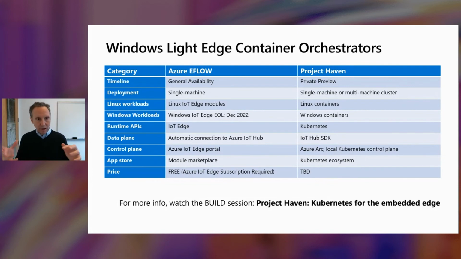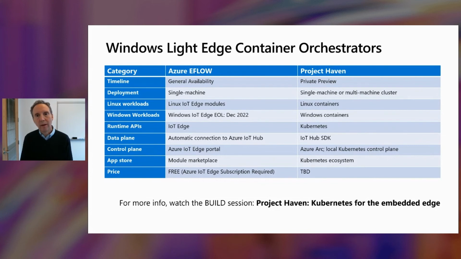We'll still keep the current EFLOW that supports just Linux containers with Azure IoT Edge capability, but we'll have essentially this new thing called Project Haven. That's not the real name, but whatever it ends up being, it's taking EFLOW and evolving it into this new thing, which is this lightweight Kubernetes solution for the IoT and embedded edge.